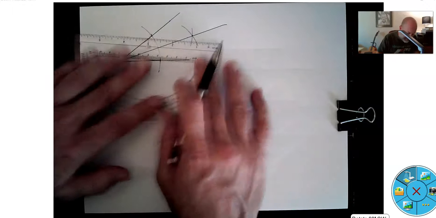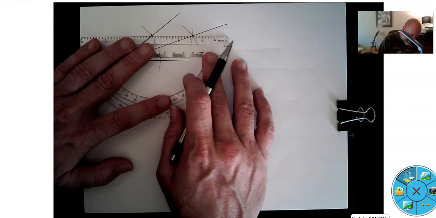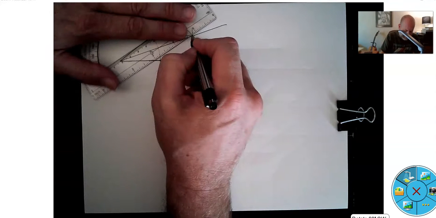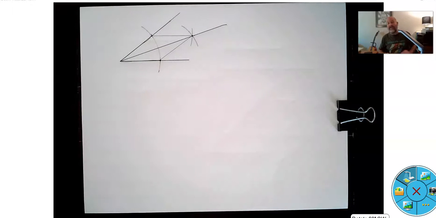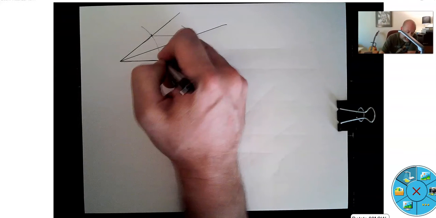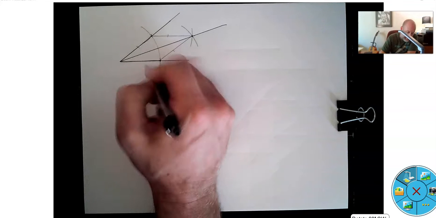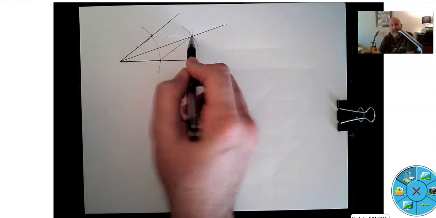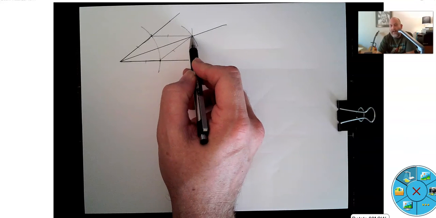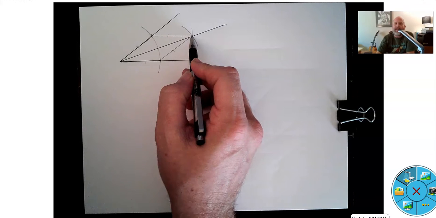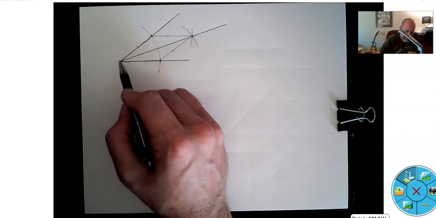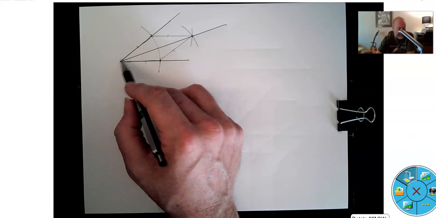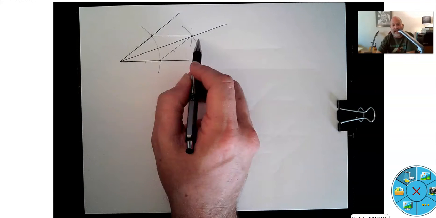If I go ahead and fill in these other sides, what I have there is a rhombus, and because this side, this side, this side, and this side are all the same, this bisector is actually the diagonal of this rhombus. And rhombuses, or rhombi, have the property that their diagonal bisects the angle. So basically what I did was create a rhombus and force this angle to be bisected by its diagonal.